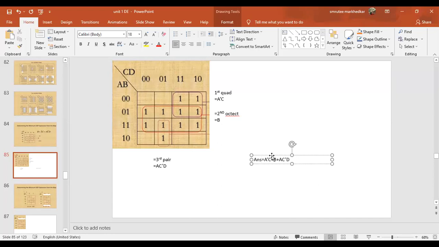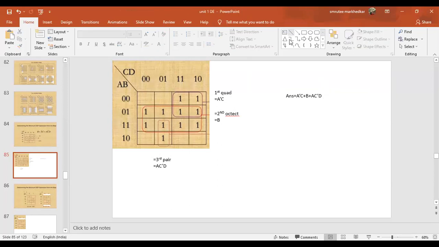Now, if they ask you to design the circuit for this, how will you do it? Simply, we know how many inputs there are.